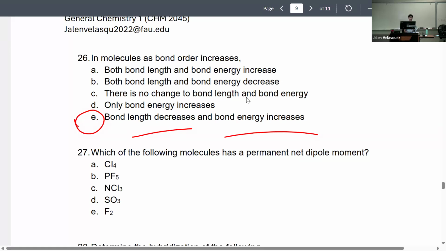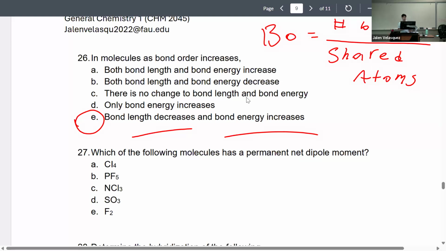Remember the calculation for it. Bond order is the number of bonds divided by the equivalent shared atoms.